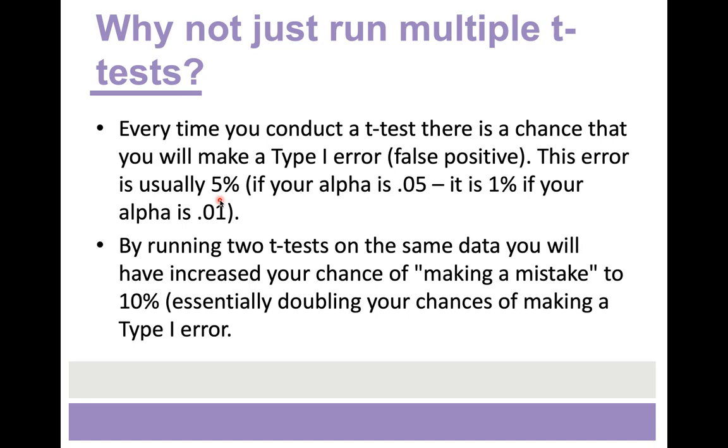So if I run 1 t-test, then I have a 5% chance. If I run 2 t-tests, then I have a 5% and a 5% chance. If I run 3 t-tests, I have a 5%, 5%, 5% chance, right? Every time I run a test, I inflate the probability of making a decision error.